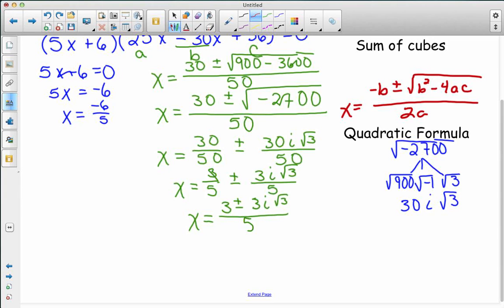And because of the plus or minus, this is 2 zeros. So there we have it. x equals negative 6 over 5, and x equals 3 plus or minus 3i times the square root of 3 all over 5. So I have one real root and I have two imaginary roots.